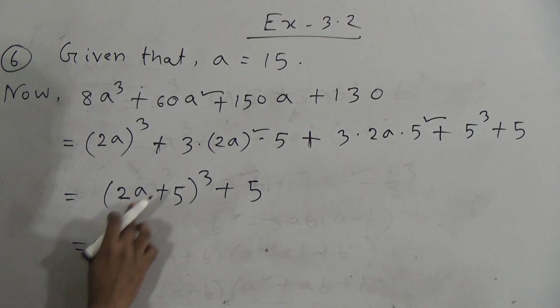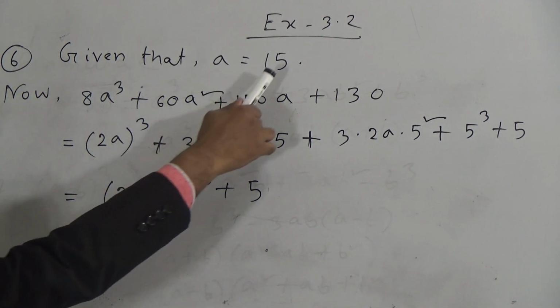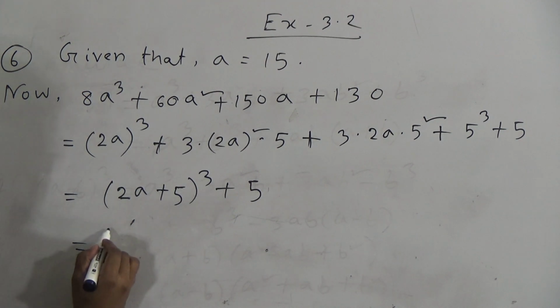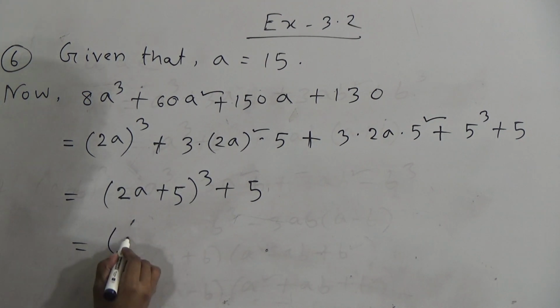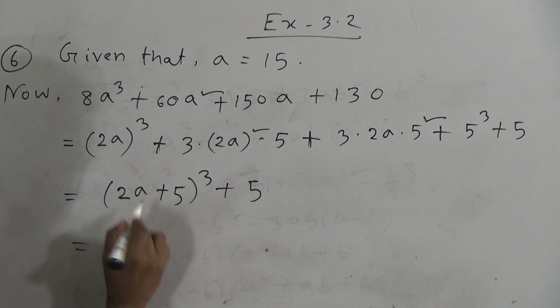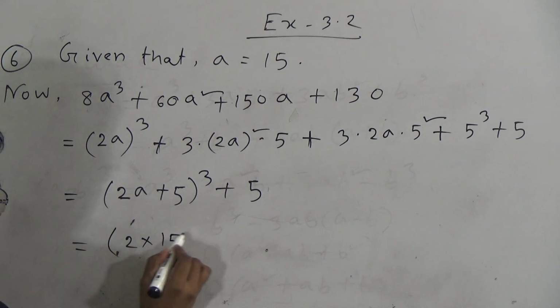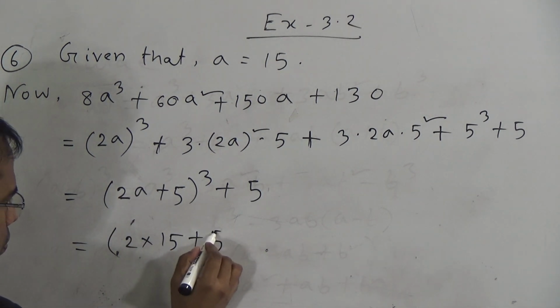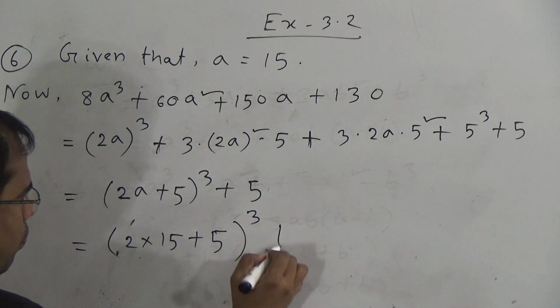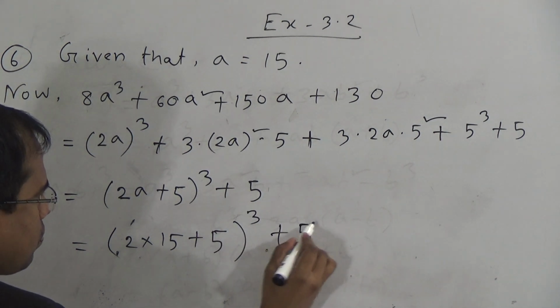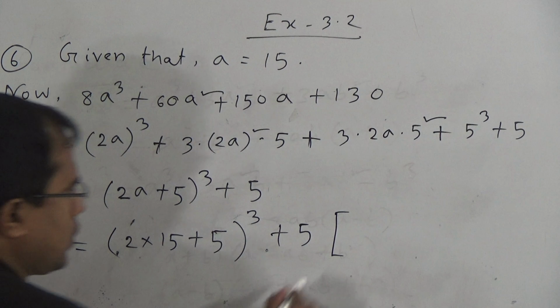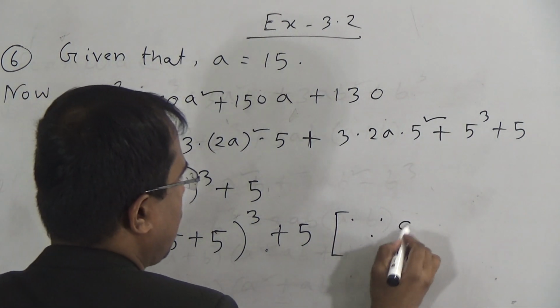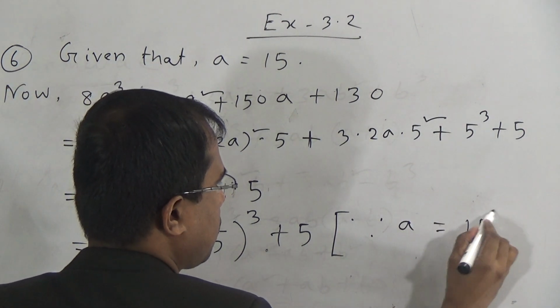Now we will put the value of a. Here the value of a is 15. So 2 multiplication 15 plus 5 whole cube plus 5, since a is equal to 15.